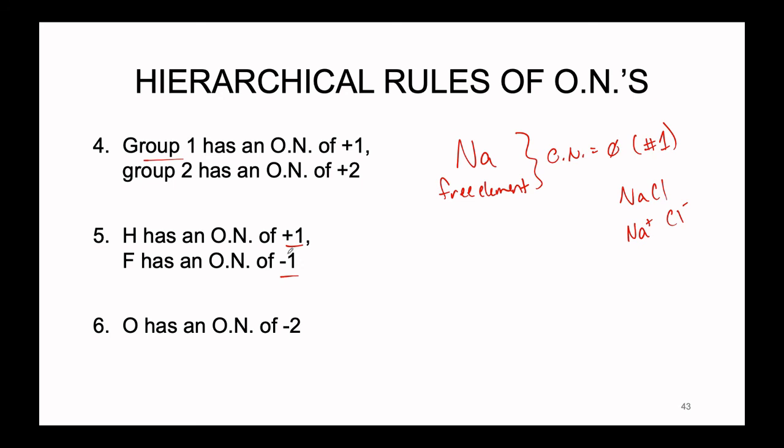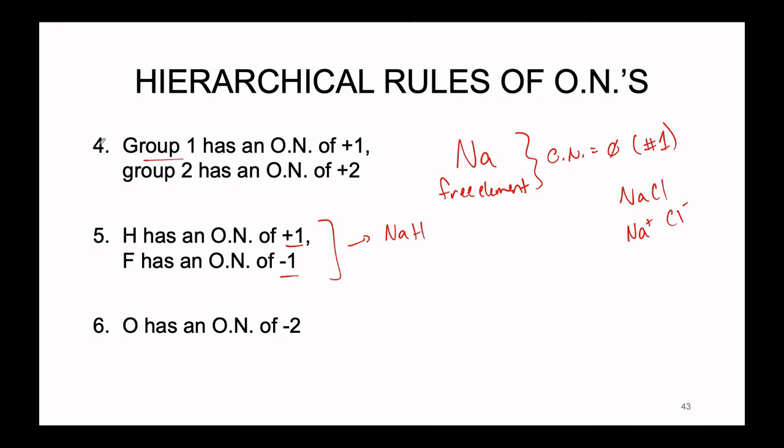Let's say, for instance, we are going to make or observe a really rare compound known as sodium hydride. Well, we know from past experience, sodium prefers to have a +1 charge, but hydrogen also prefers to have a +1 charge. How can these two things come together to make something charge neutral if they both prefer to have a +1 charge? Here is the usefulness of these hierarchical rules.